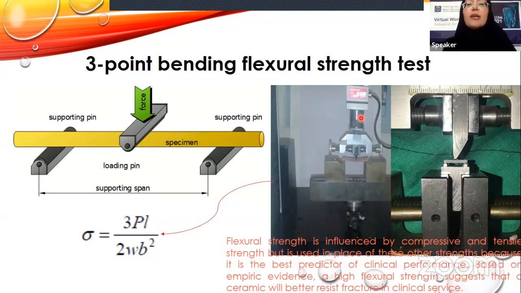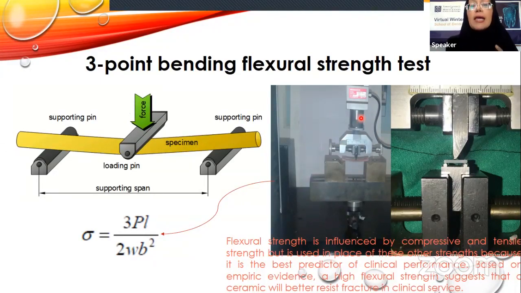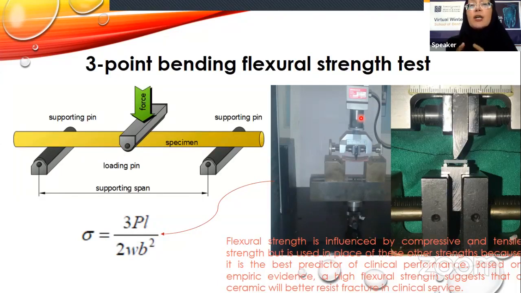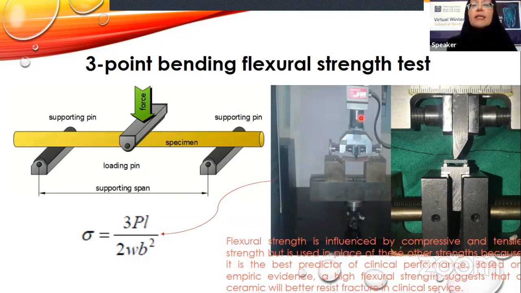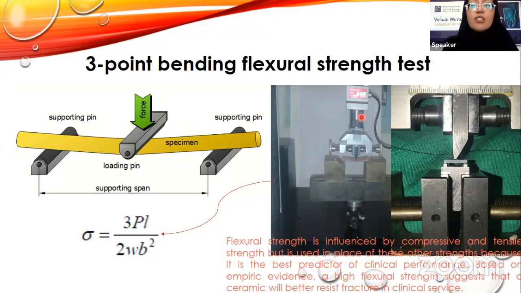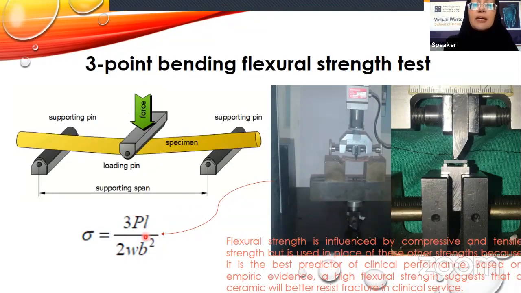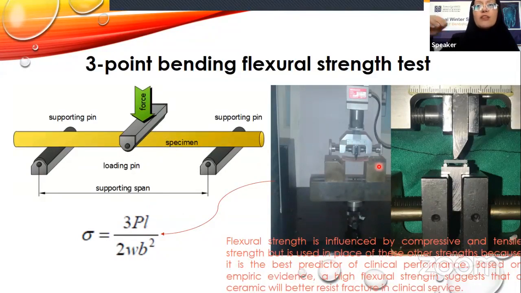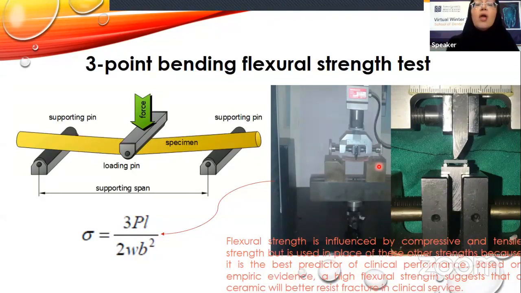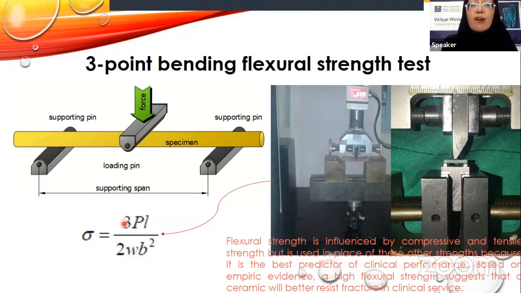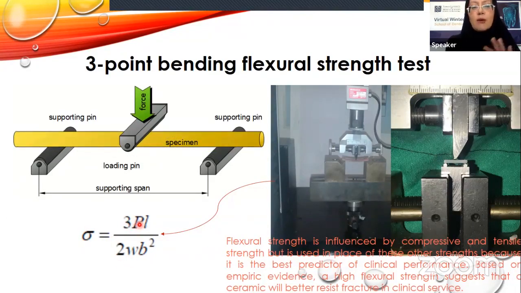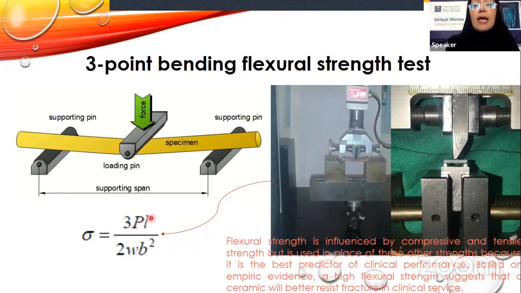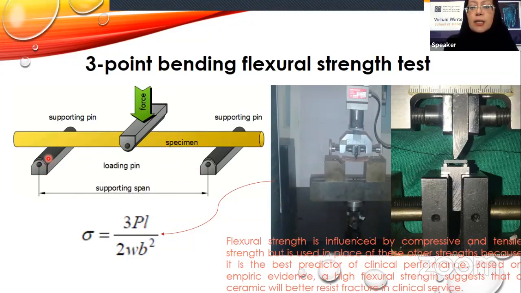What we obtain from the universal testing machine is the final force that the material can tolerate at the fracture point, which we call P. We put it in this equation, where P is the fracture load and L is the length between the two supporting spans.